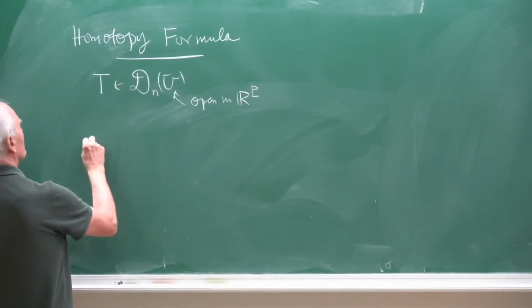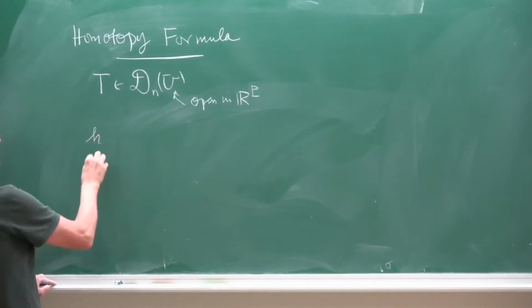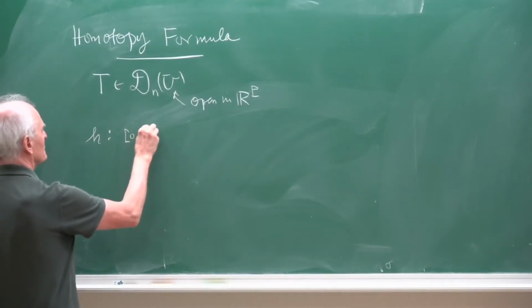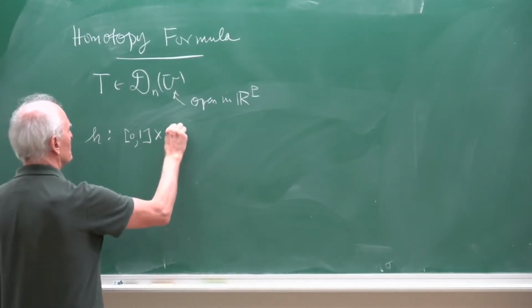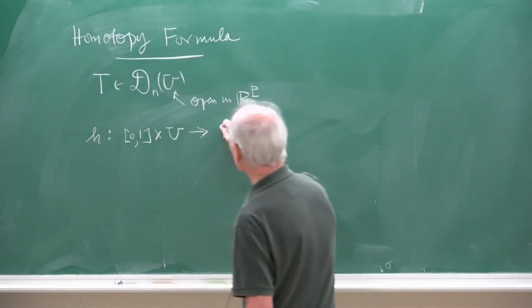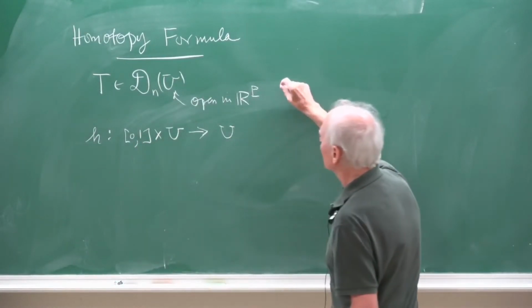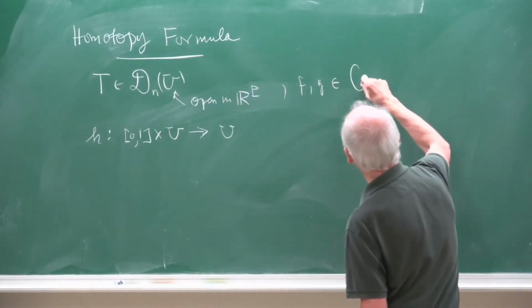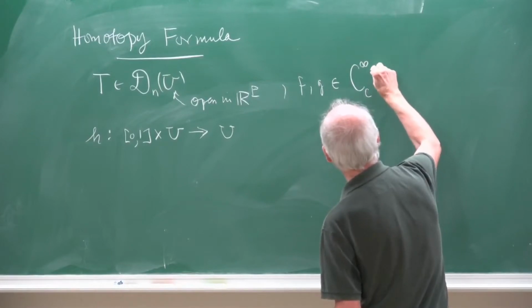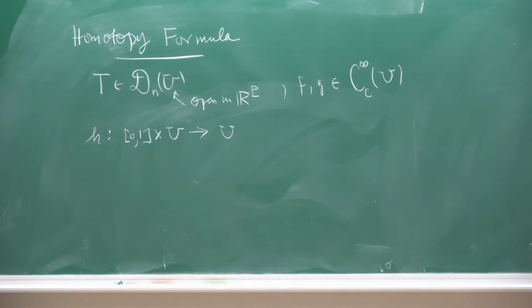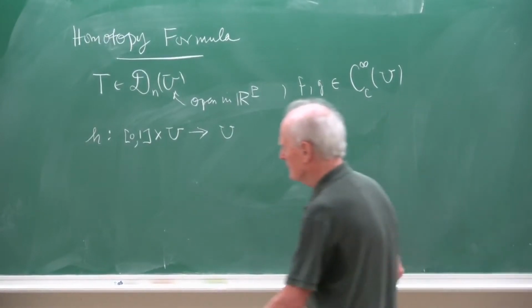And you take a function h which is defined on the closed unit interval cross U into U. Oh, no, that's not right.